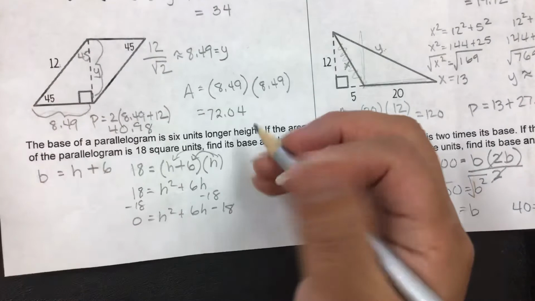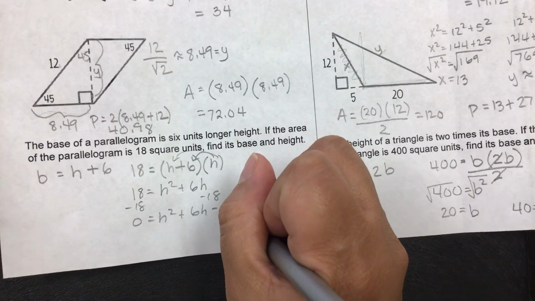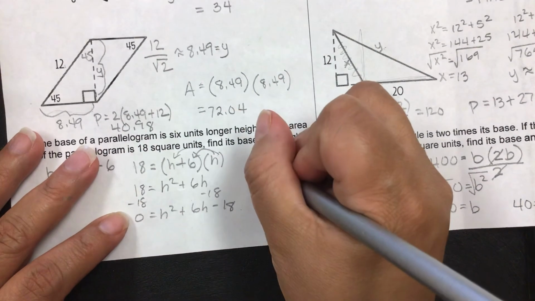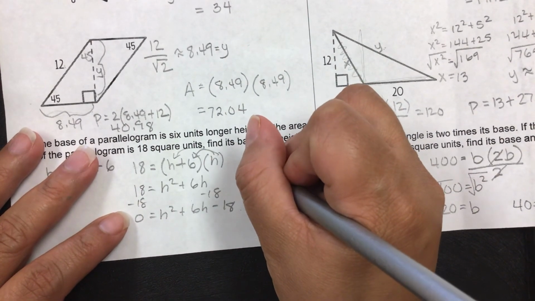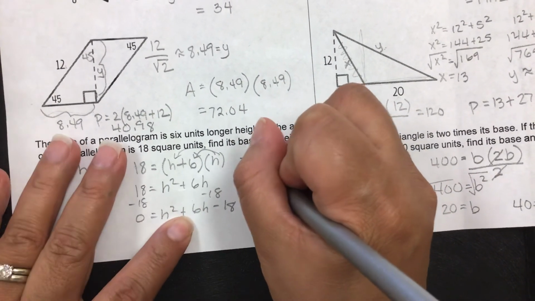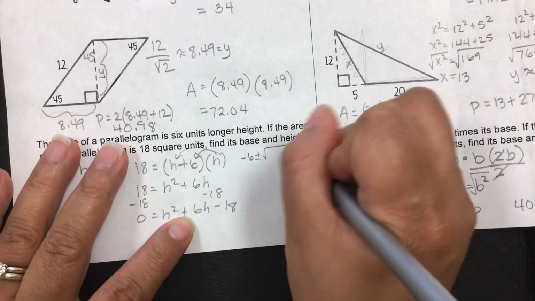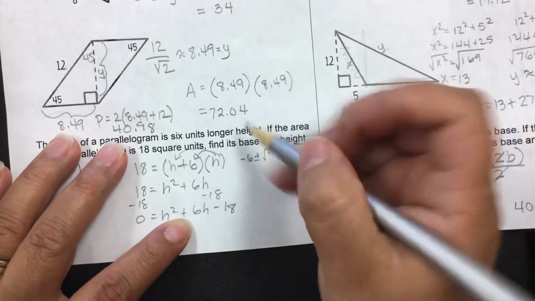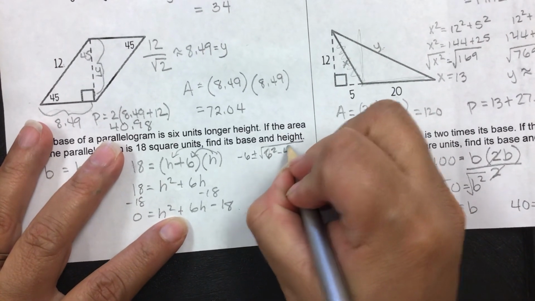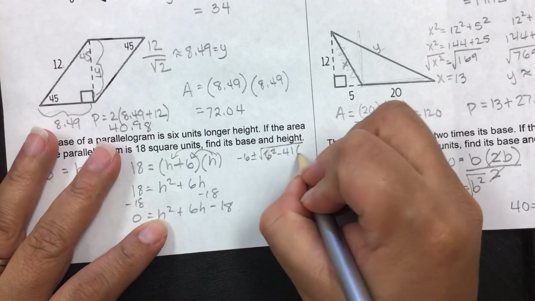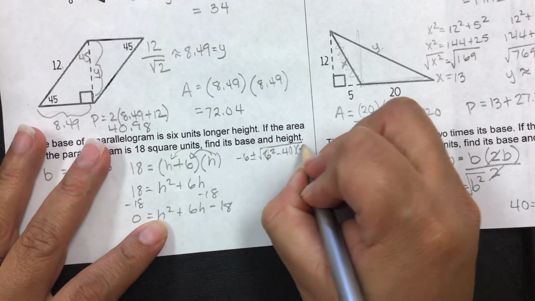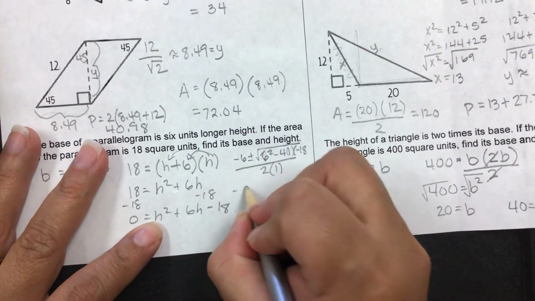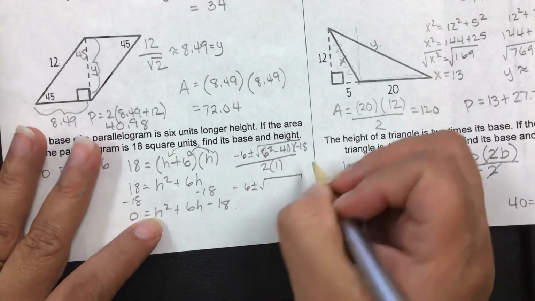Let's use something else here to find these values. The quadratic formula: negative b plus or minus the square root of b squared minus 4ac, all divided by 2a. B is 6, a is 1, c is negative 18. Negative 6 plus or minus the square root of 6 squared minus 4 times 1 times negative 18.